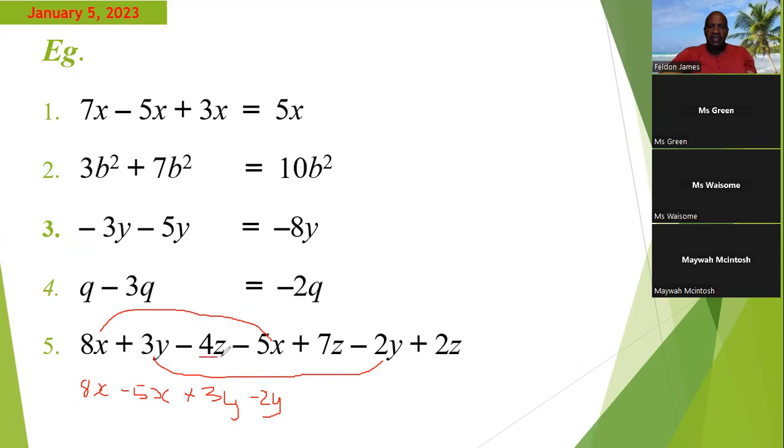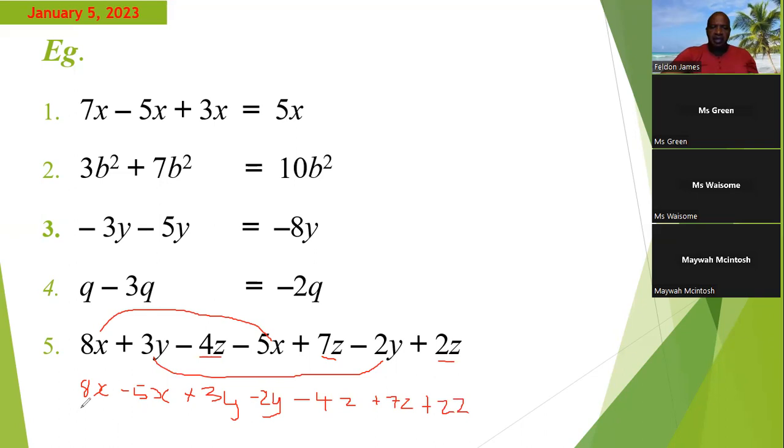Now we have z's. So we're going to group those two as well. Now, we have negative 4z, z for some people, plus 7z, plus 2z.